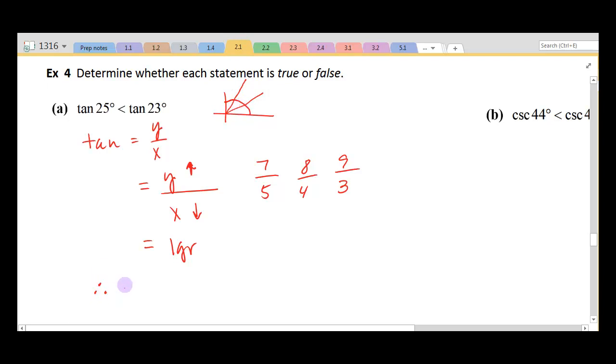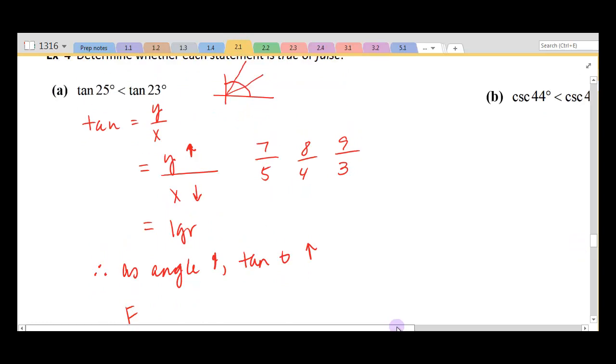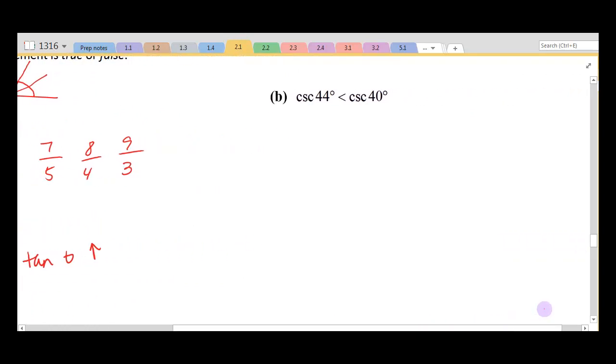Let's write that down for a second. As the angle increases, the tangent of my angle, theta, is also increasing. So this statement, to say that the tangent of 25 is less than the tangent of 23, would be false. So that's false.